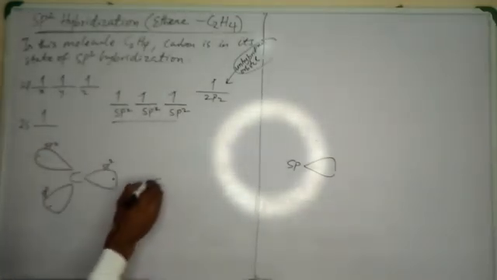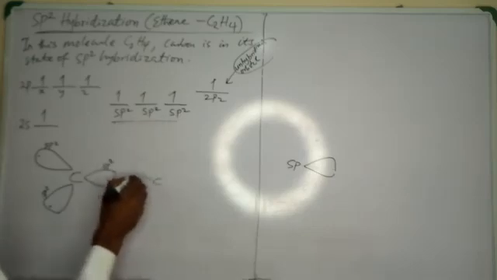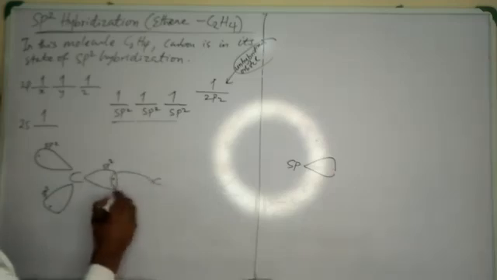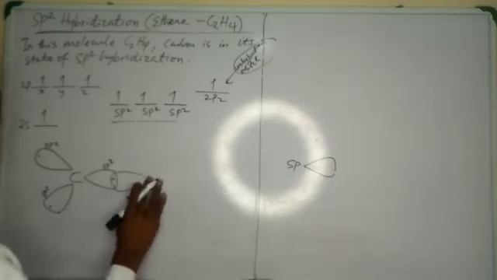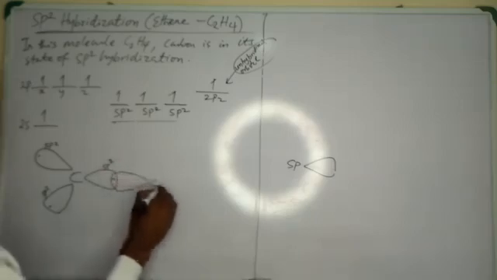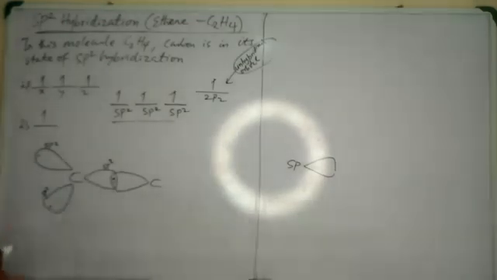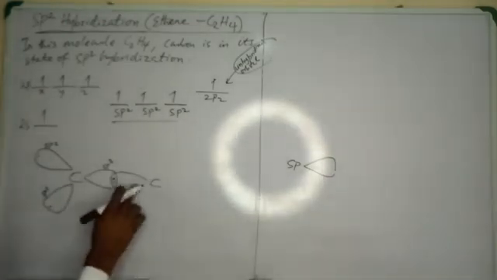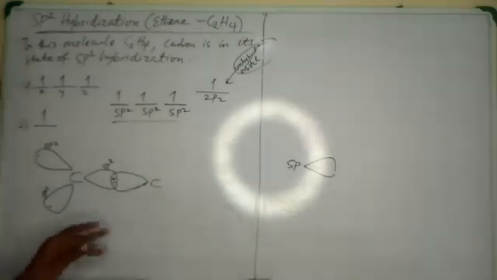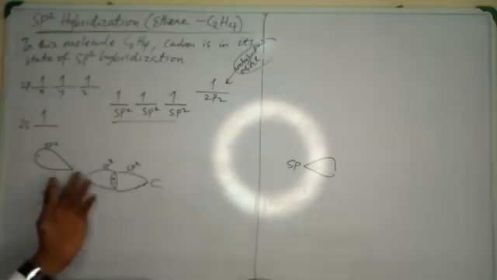Now again, one of the sp2s of this carbon atom overlaps with the sp2 of this other carbon atom. See the two electrons there, they overlap, and when they overlap, of course, they share their electrons. So you see, this is equally an sp2 hybrid orbital from this carbon.